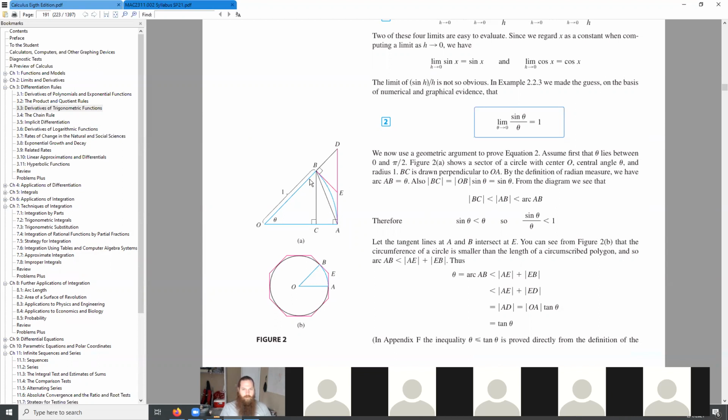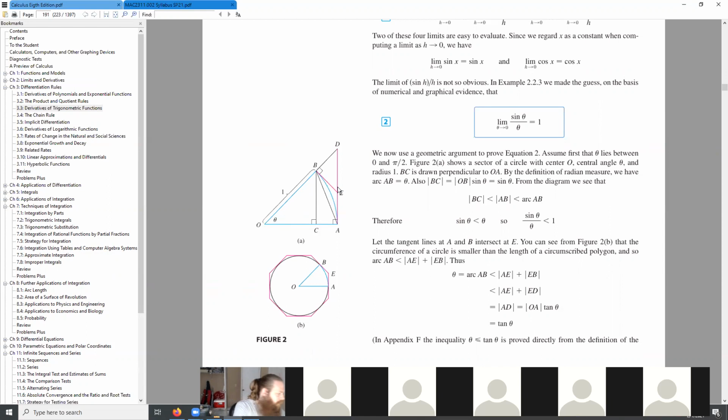Now, what is the length BC? Remember again, this blue is your unit circle. We've rotated up theta radians. This is the y value along your unit circle. So the length BC is sine theta.